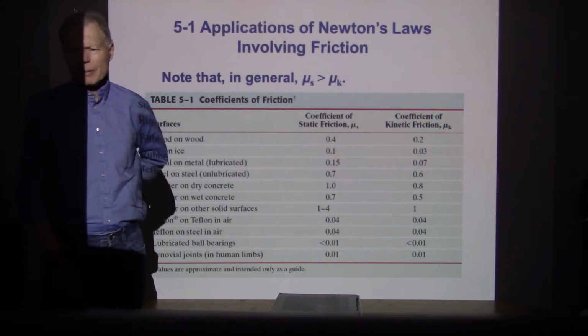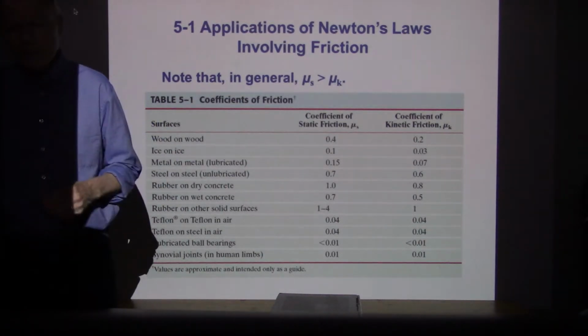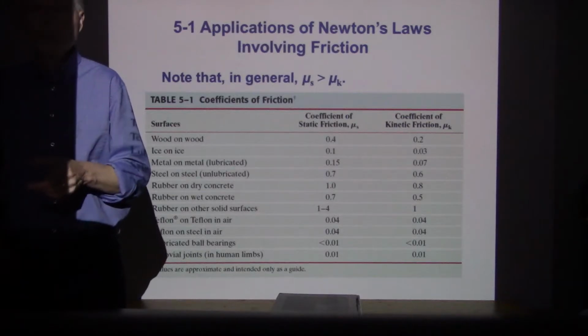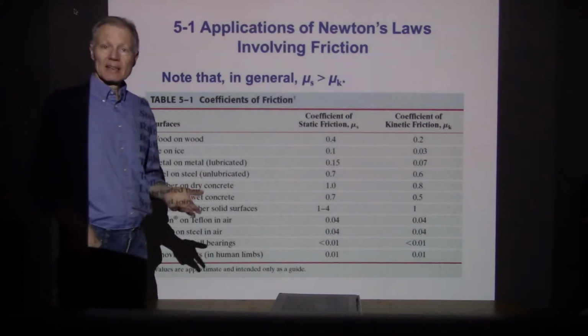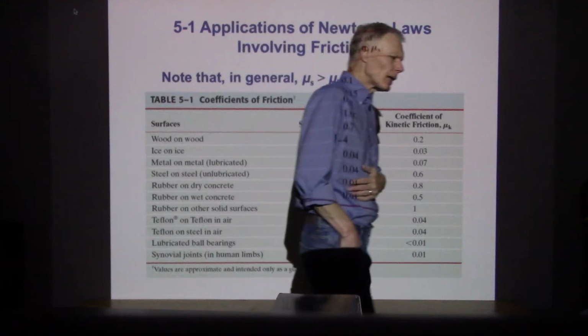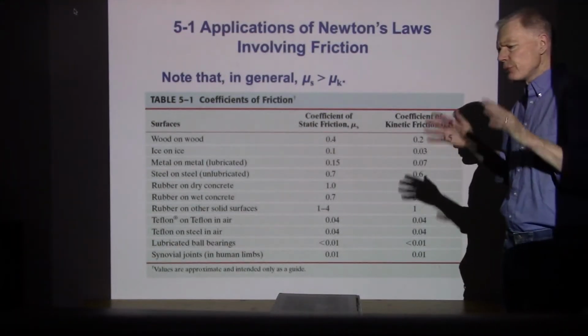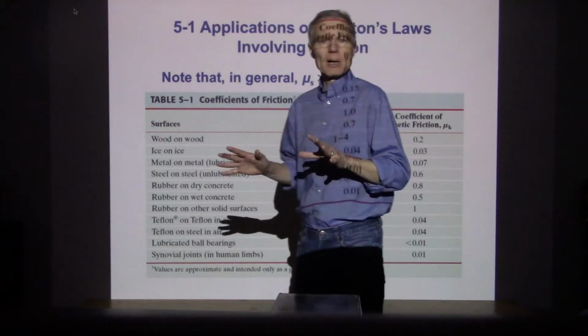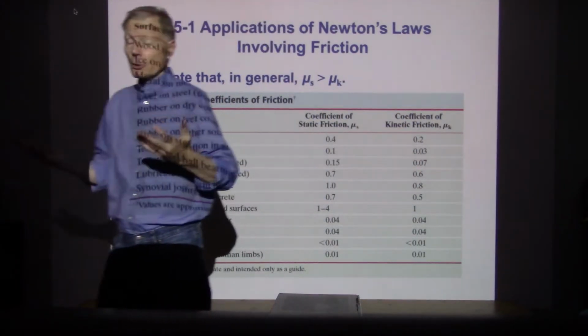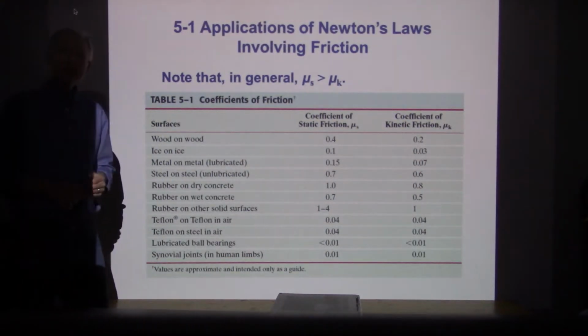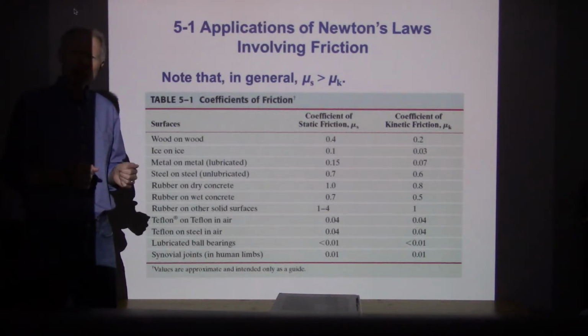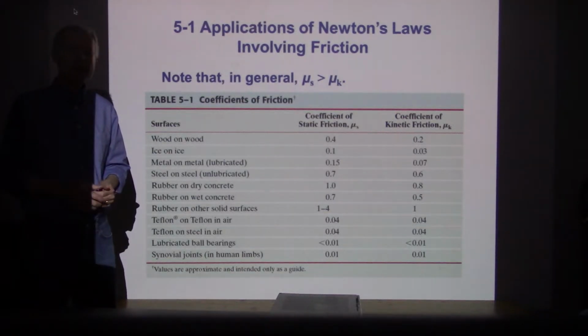What we typically find out is that the static frictional forces tend to be larger than kinetic. And so maybe you're pushing a box across the floor, and you're thinking, if I can just get this to start sliding, it's going to be easier.